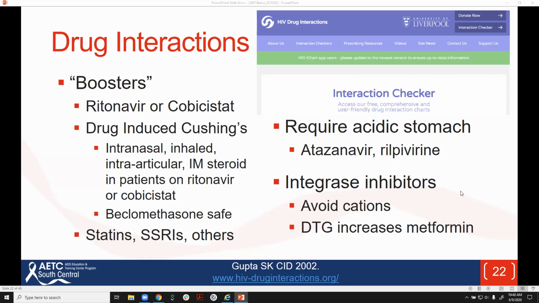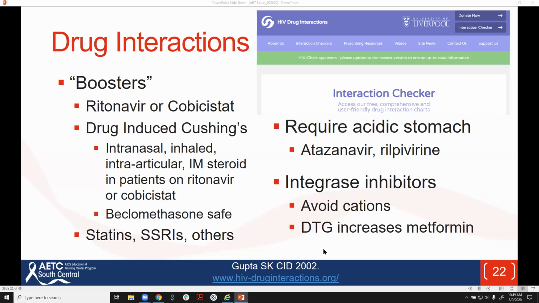Any of those minerals with a positive charge, cations, magnesium, zinc, calcium, iron, can interact and reduce the absorption of both of those medications. So depending on the particular drug and the cation, anywhere from 3 to 6 hours, we need to separate the integrase inhibitor from cation-containing supplements.